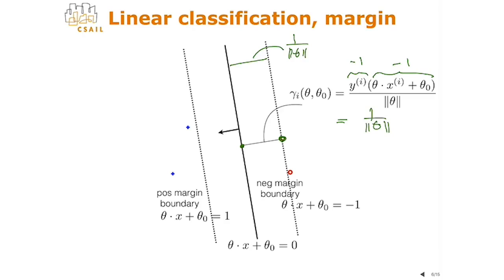This is called a signed distance. It is signed distance because it measures the distance of a point from the decision boundary, but also the side on which it lies. So if it lies on the correct side of the decision boundary, the distance is positive, but if we have a negatively labeled point here, the distance would actually be -1 over norm of theta.